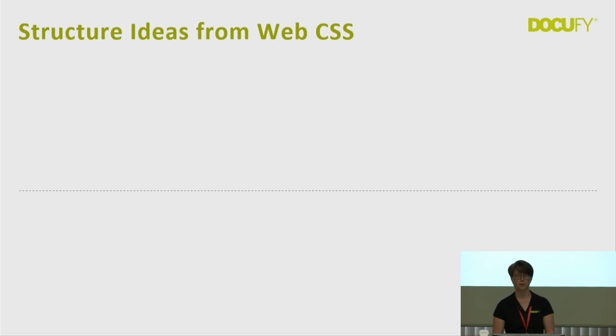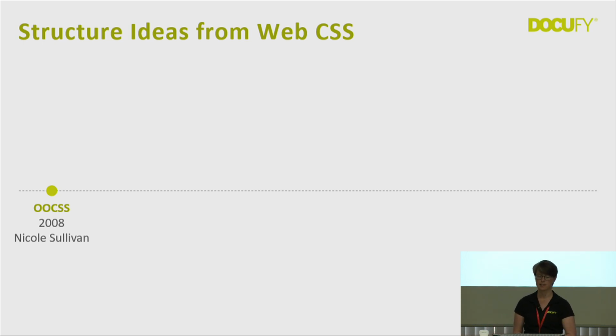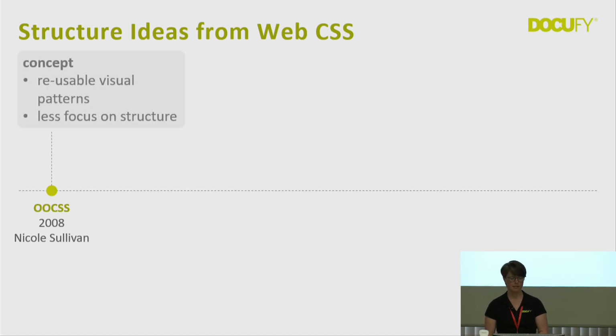Before anything else, of course, it started with good practices, like, for example, keep selectors as general as possible, be consistent, split up files, comment your code if you do anything fancy. But as the web evolved, there seems to be the necessity for more structure. So in 2008, Nicole Sullivan introduced her idea of object-oriented CSS. She talked about reusable visual patterns, about how structure should be separated from what she called the skin, but she focused more on the concept than on the actual realization.